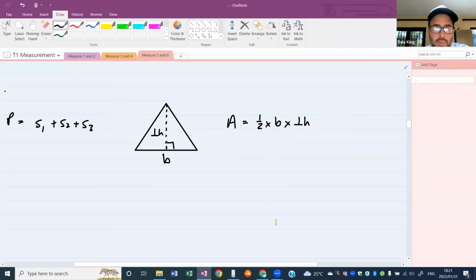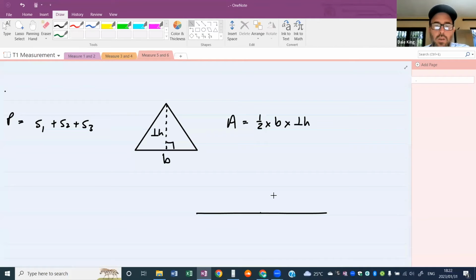Now, what do I mean by perpendicular? If you have a line and you put another line on it that's perpendicular, then you have to draw a line up exactly at 90 degrees from that line there.